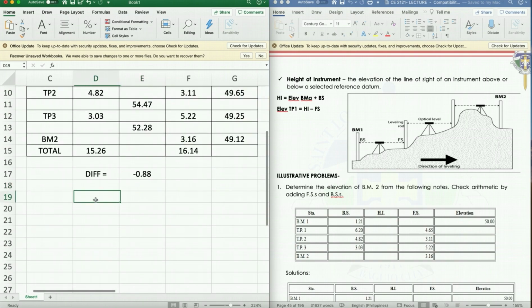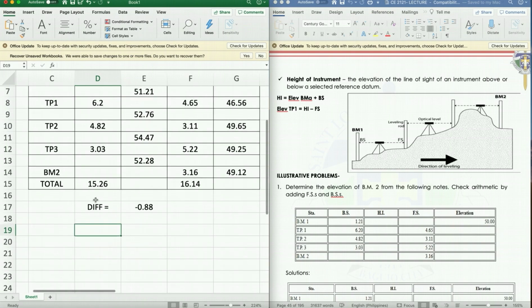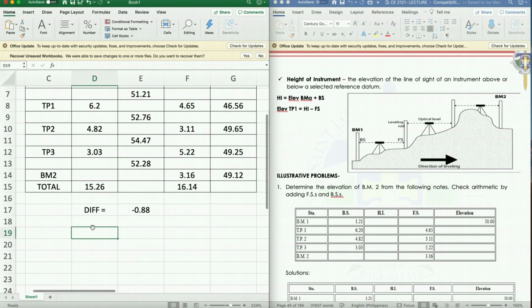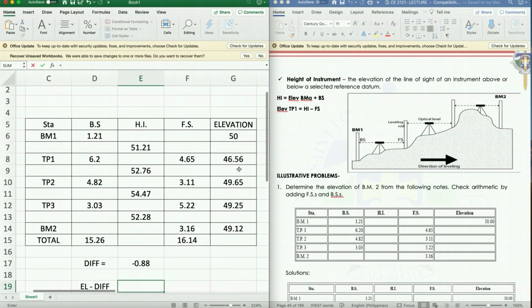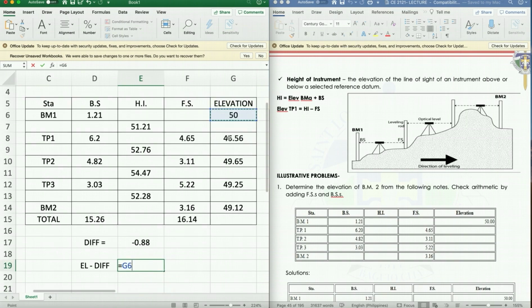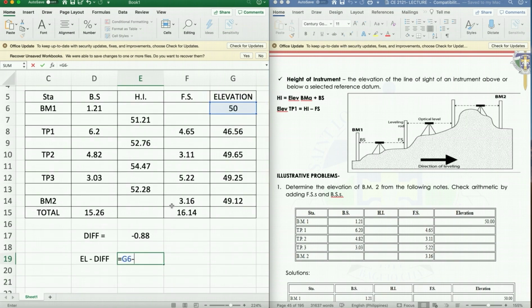Now, to get the value that we are going to check, it is the elevation plus the difference. We have here 50 plus this, and that is 49.12.